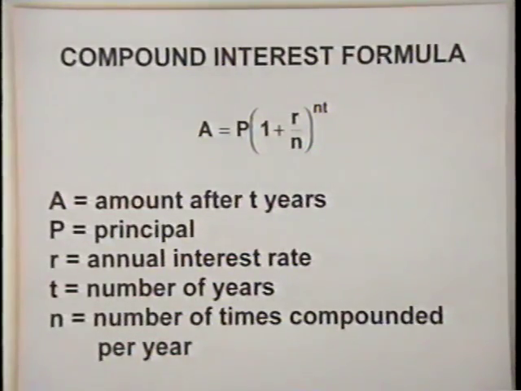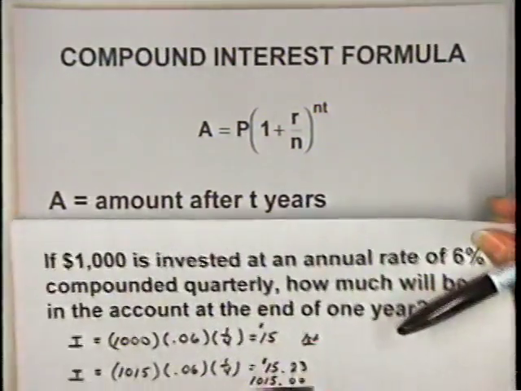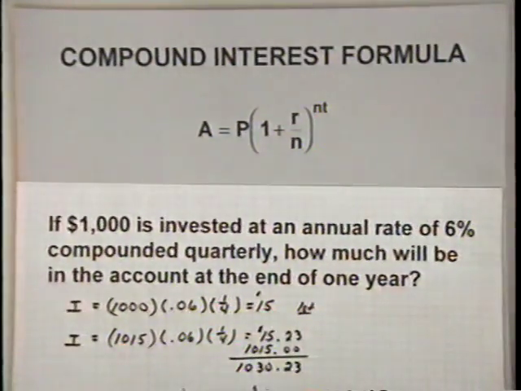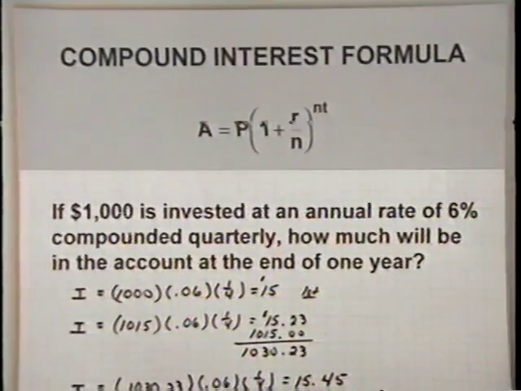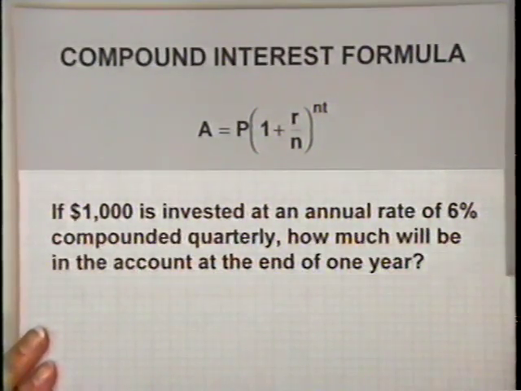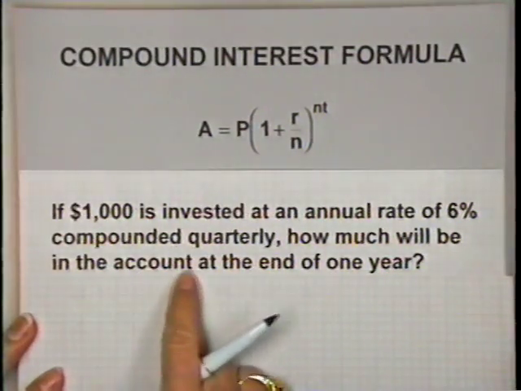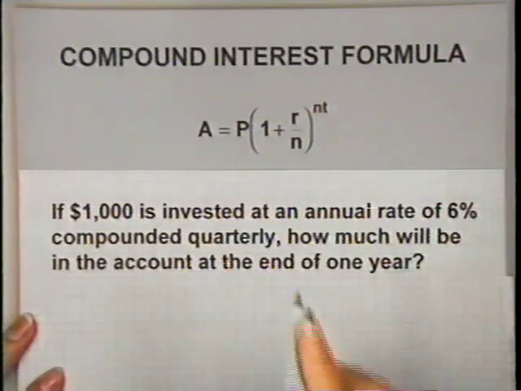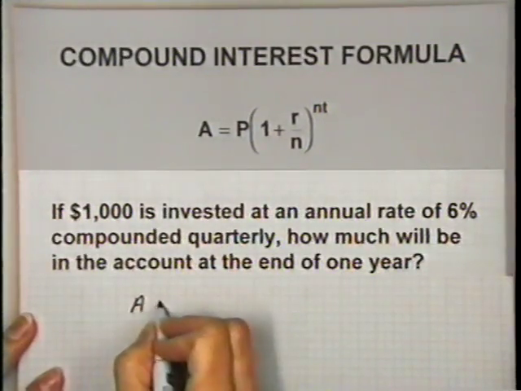Now what I want to do, since we've got this formula, is go back to this problem that we just looked at. It said $1,000 is invested at 6% compounded quarterly. How much will be in the account at the end of 1 year? What I want to do is to rework this problem using this new formula. I want to know how much is going to be in the account. I want to know A. So I'm going to write A here.